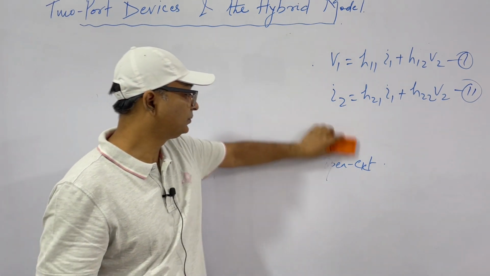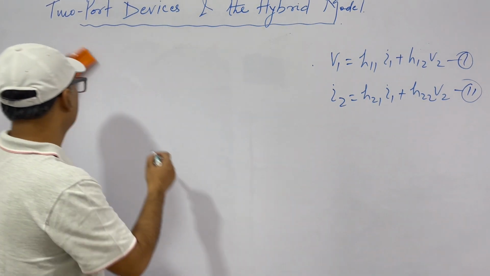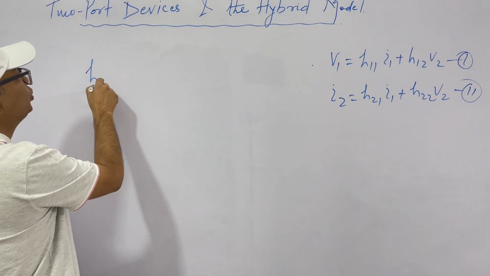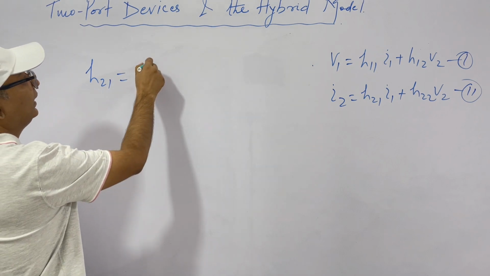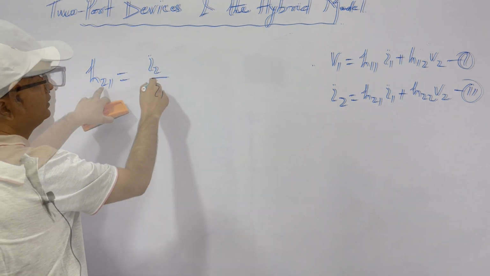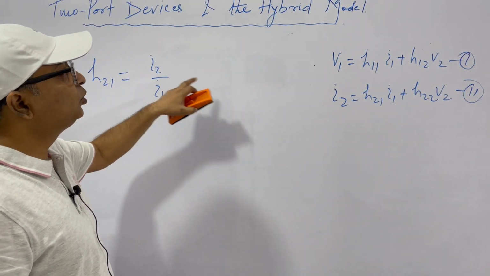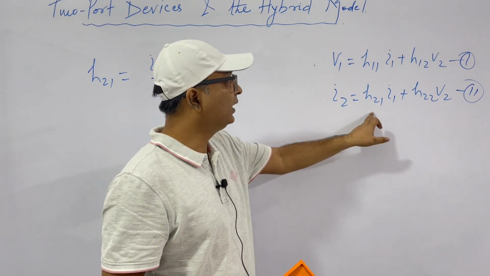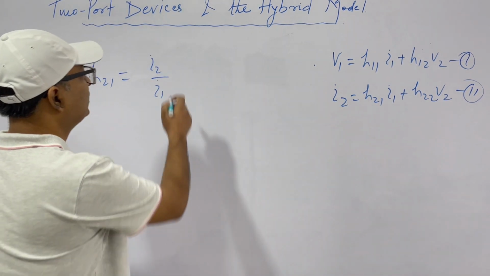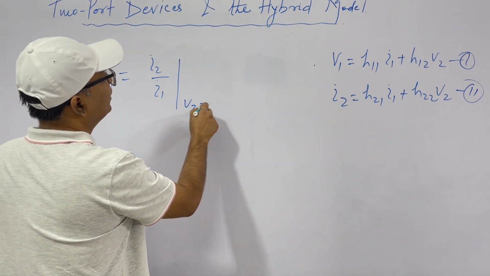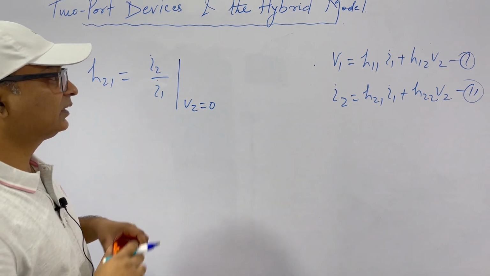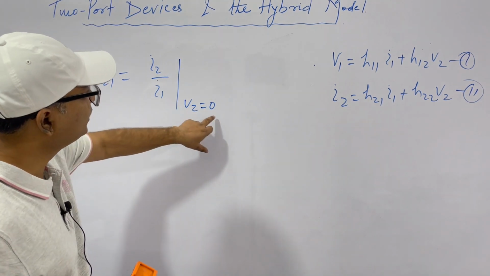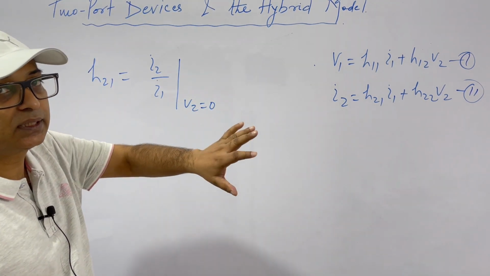Third one, H21. This is I2 by I1. So H21 is I2 by I1 at V2 equal to 0. Now, understand this very carefully. V2 is equal to 0, that means output is short circuit.